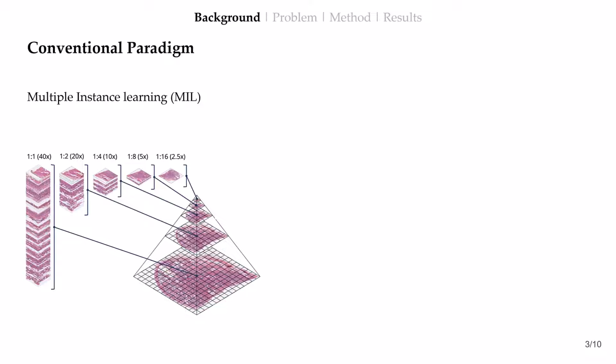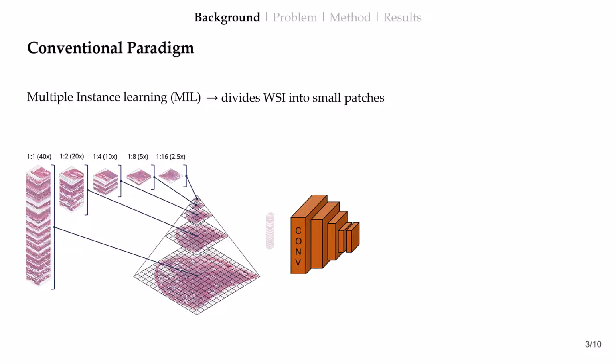So the conventional paradigm for processing of whole slide images includes using multiple instance learning, or MIL approaches. More specifically, these techniques divide the whole slide image into smaller patches and then pass these patches through a convolutional neural network to get the corresponding representation of each patch.